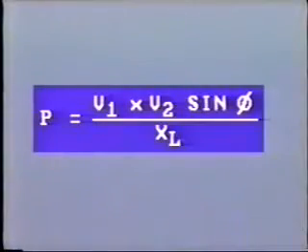This will cause voltages in the vicinity of the fault to fall. Now remember the power angle equation, V1 times V2 times the sine of the power angle divided by reactance, XL. If the level of voltage falls, then the capability for load transfer is also reduced for each specific angle.